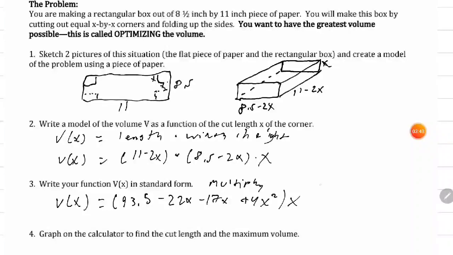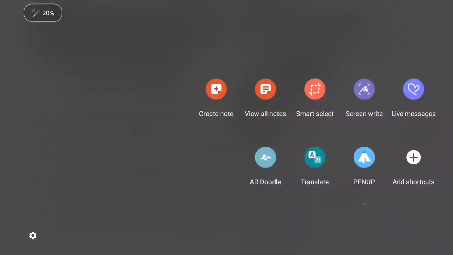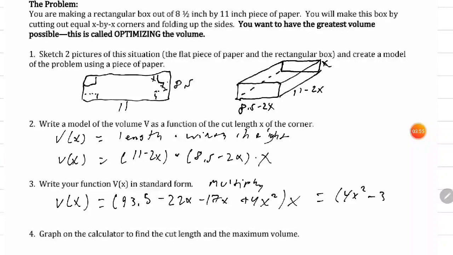So that's 4x squared minus 39x plus 93.5. And yes, you do have to rearrange it: standard form is highest degree to the lowest degree. Then I multiply the x out. So our final answer for this part is 4x cubed minus 39x squared plus 93.5x.